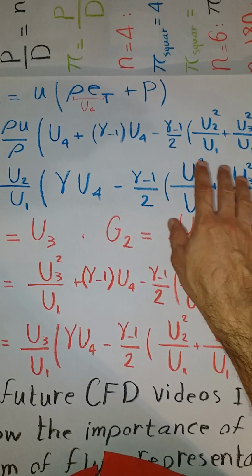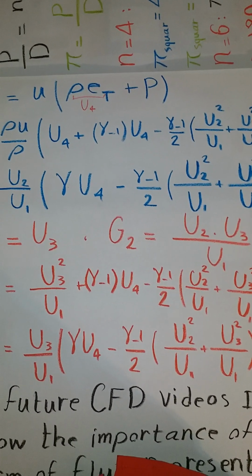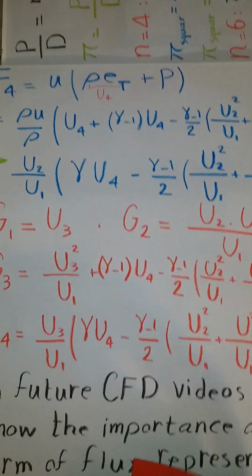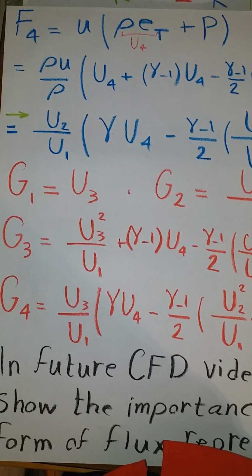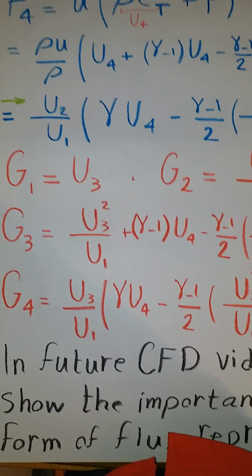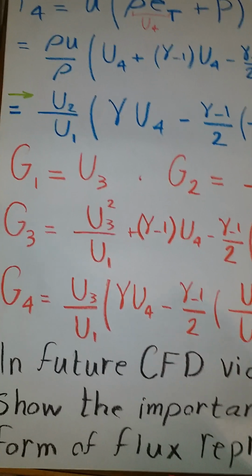And this was just for flux in x direction, in fact the flux vector F. If we want to do it for G, you can just do some simple operations like the ones I showed here.